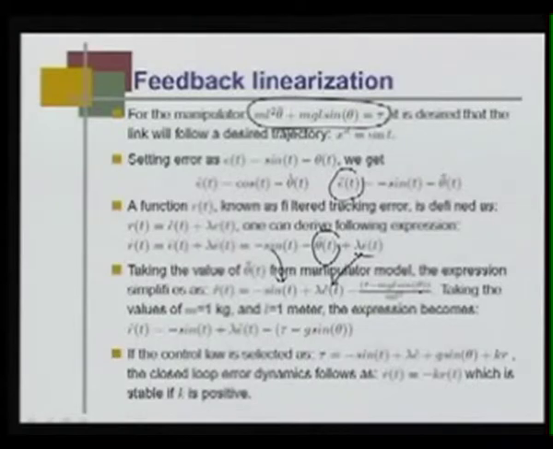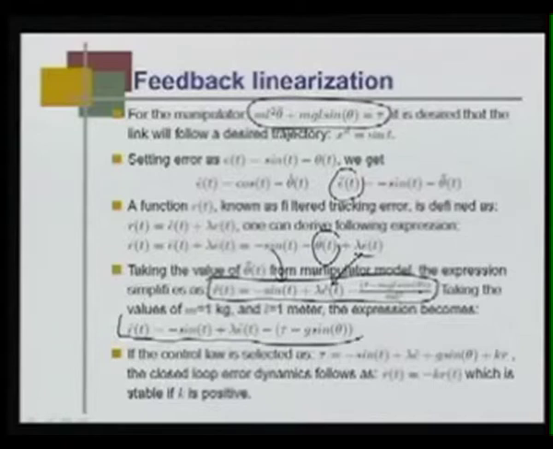So, this is my closed loop dynamics. If I take the value of m equal to 1 and L equal to 1, my final closed loop dynamics becomes r dot t is minus sin t plus lambda E dot t minus tau minus g sin theta.